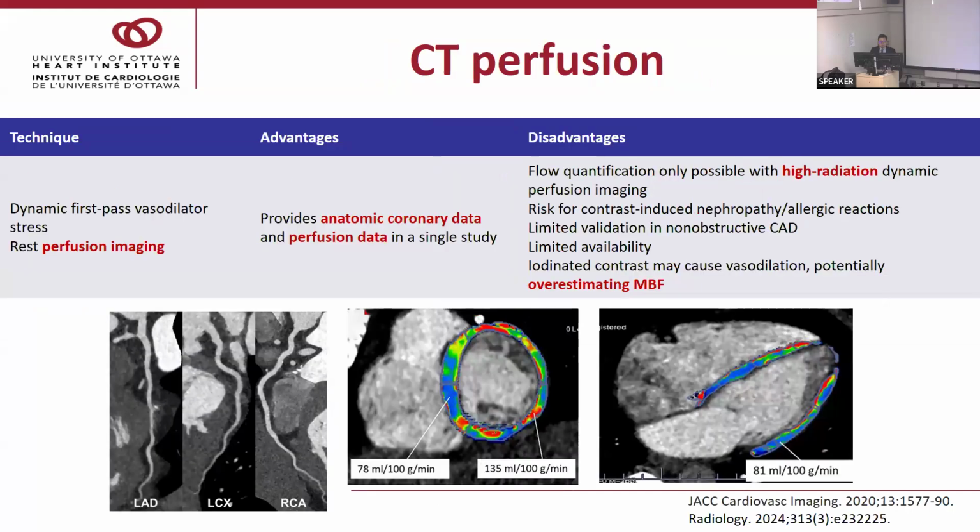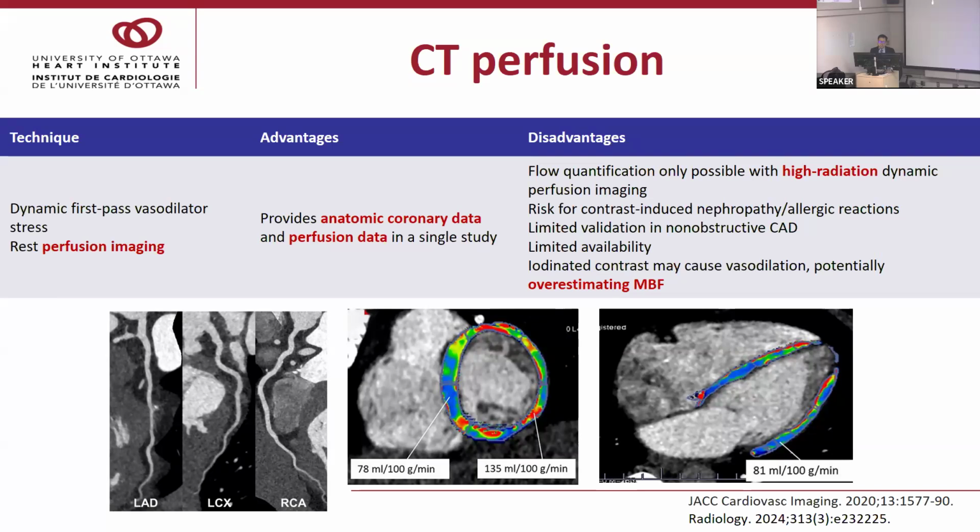CT is also an option. A major advantage here is that it allows for the evaluation of both coronary anatomy and myocardial perfusion within a single study. However, quantifying coronary blood flow requires dynamic perfusion CT scan, which involves acquiring multiple sequential images during contrast infusion.